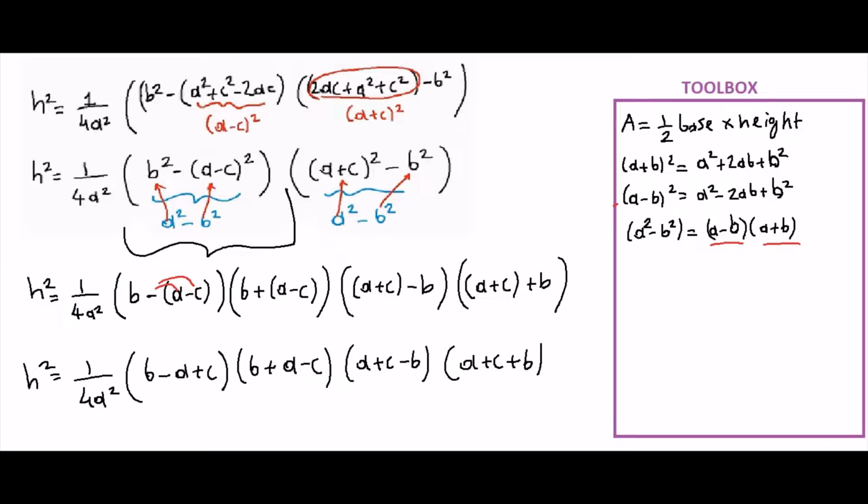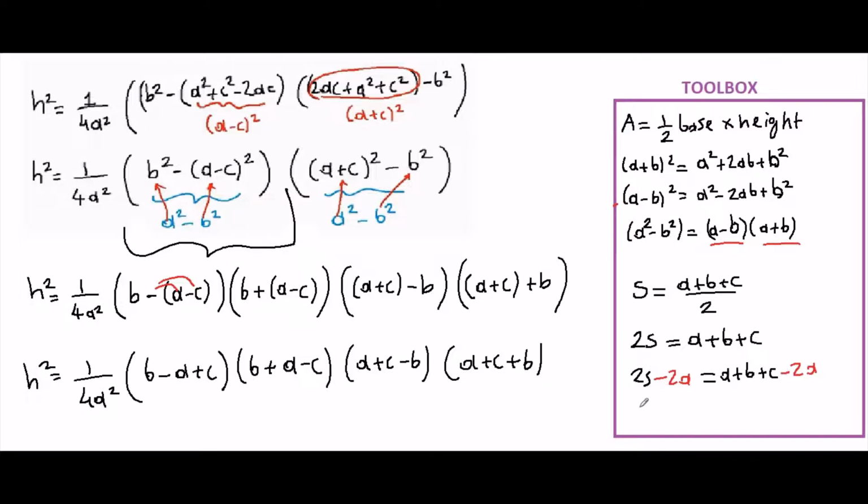Now in Heron's formula, we said that the semi-perimeter s is equal to (a plus b plus c) divided by 2. If we multiply both sides by 2, we obtain 2s is equal to a plus b plus c. If we subtract 2a on both sides, we don't change the equation. So 2s minus 2a is equal to a plus b plus c minus 2a.